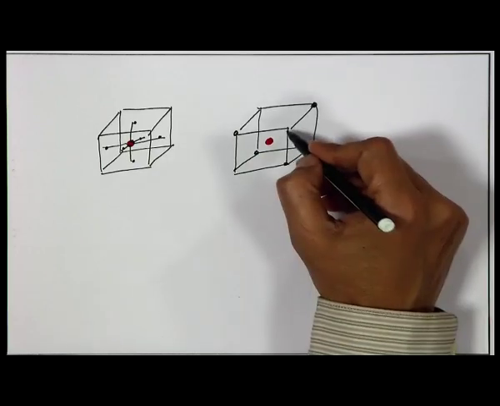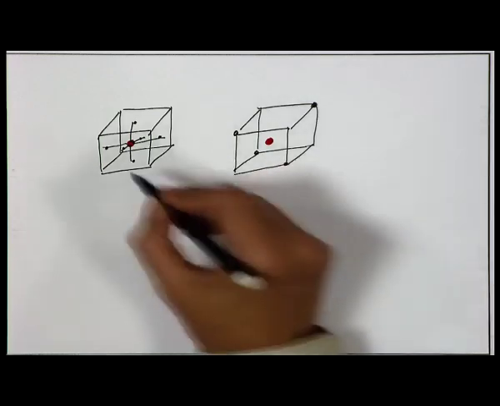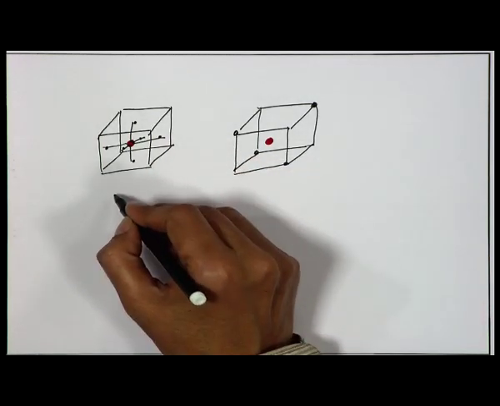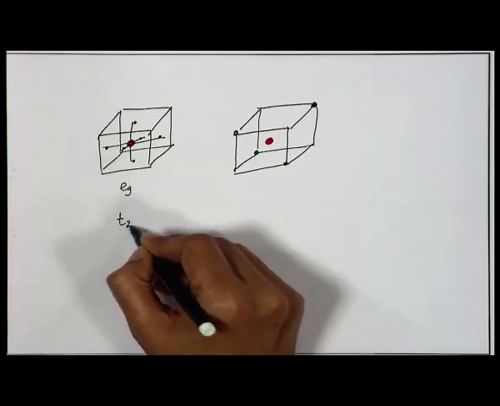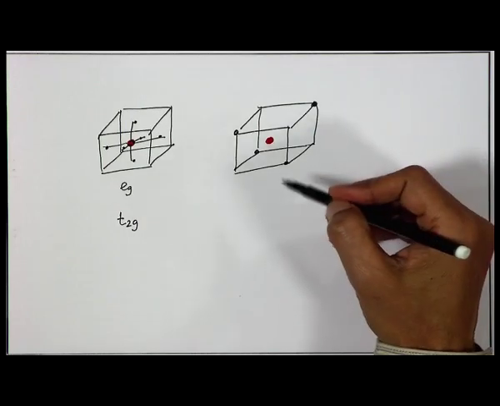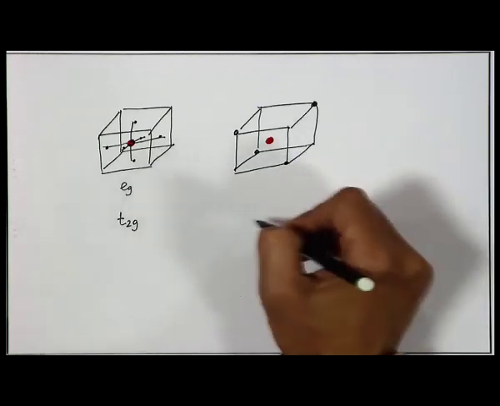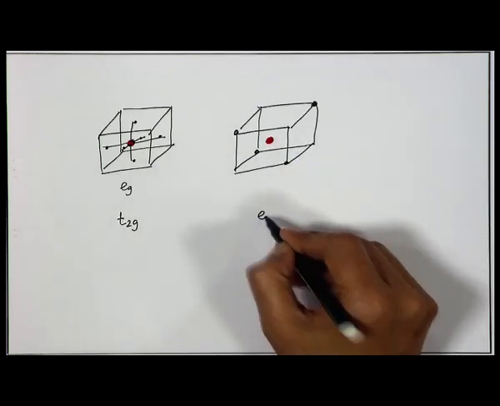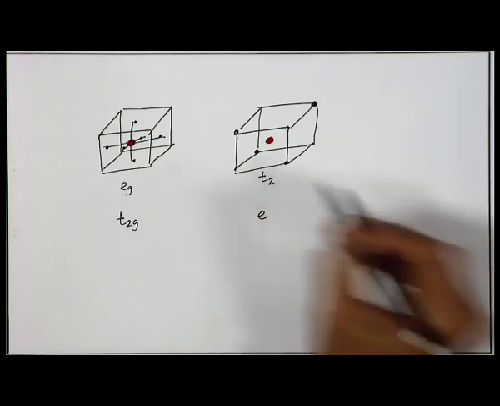If we recall the shape of the different d orbitals, the 5 d orbitals give the sets T2g and Eg, but the corresponding interaction for the tetrahedral field will be different, where the E level will be stabilized and this will be labeled as E, and the T2 level will be the destabilized one.